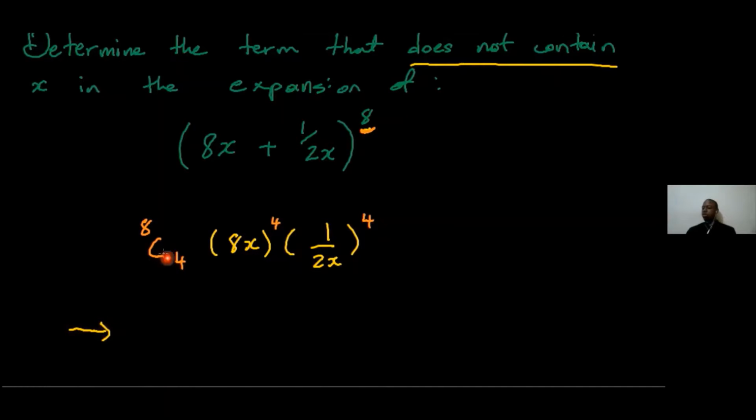So again, on the calculator, we'll find 8 choose 4. That's 70. And now 8 to the power 4 is 4096. So that's 4096 x to the 4 times 1 over 2 to the power 4, that's 16 x to the 4.